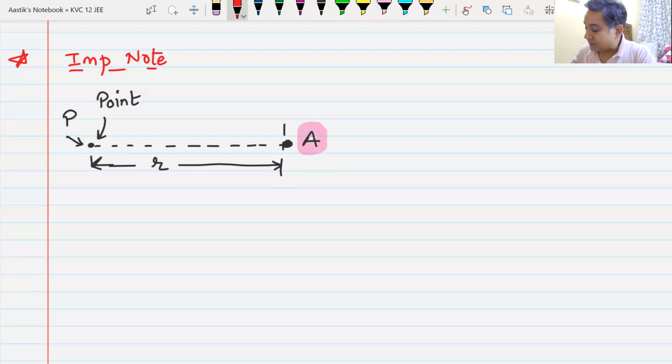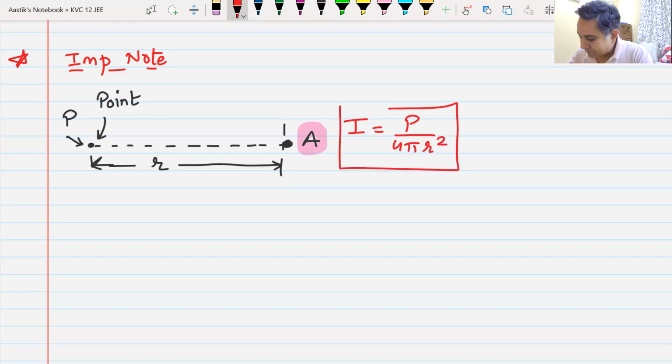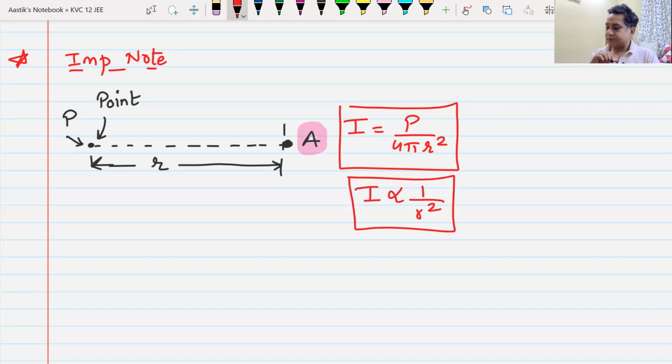So remember the concept, remember the formula. The intensity at point A will be power divided by 4 pi r square, or I can say intensity will be inversely proportional to r square. Do we understand this? Yes, sir.